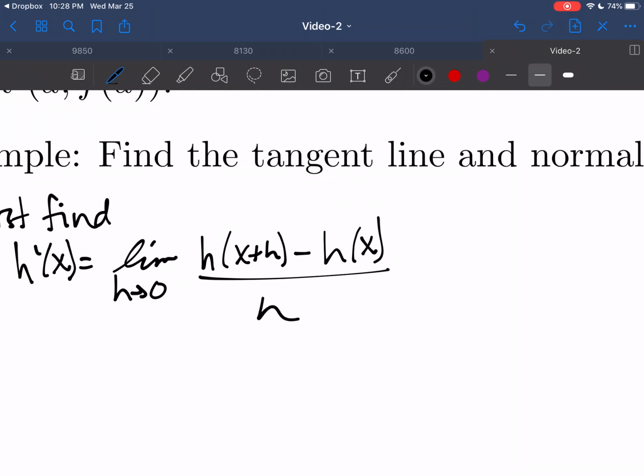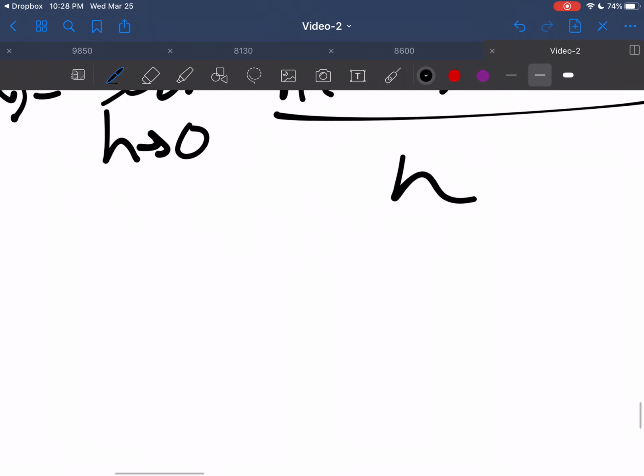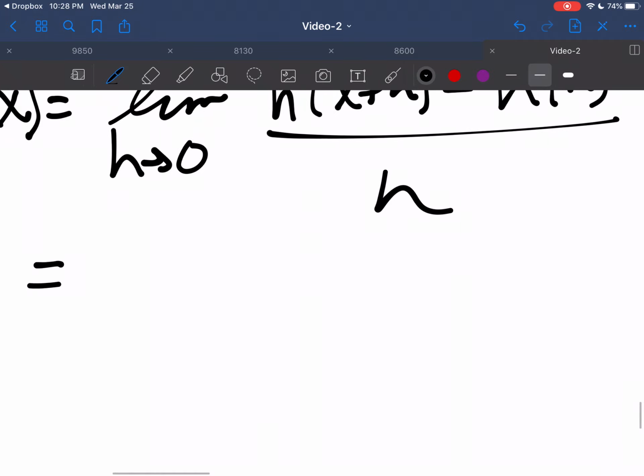Now, most of the time your functions probably won't be named h, and if they are, just in this step, be careful not to confuse this h with the h of your function. But that confusion should go away as soon as you plug in your function in the next step.